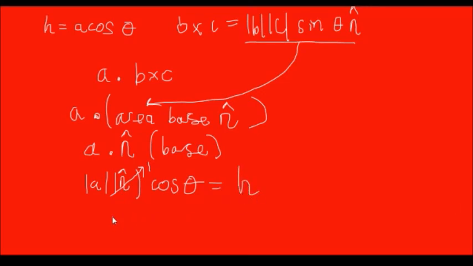So what we've got here is a dot b cross c is actually equal to h times area of base. And this is the volume.